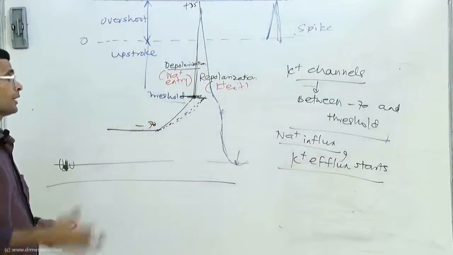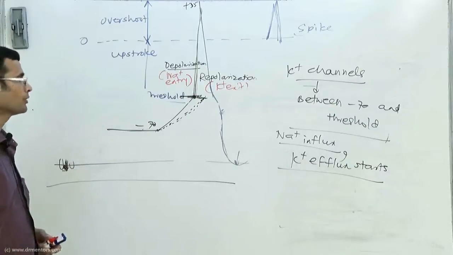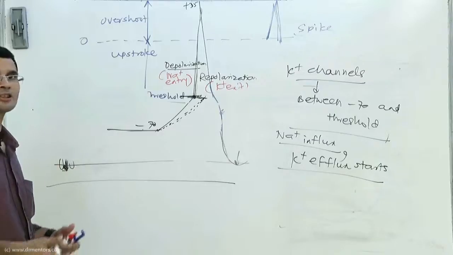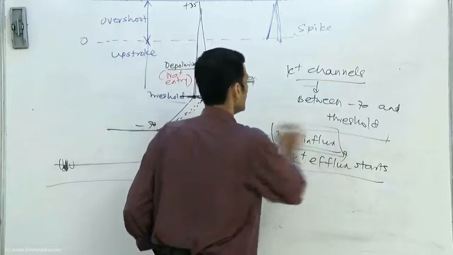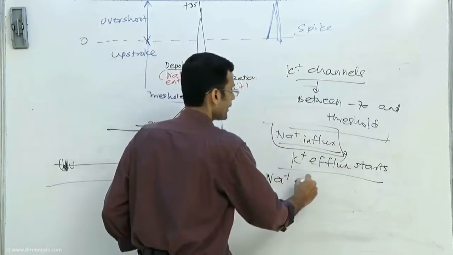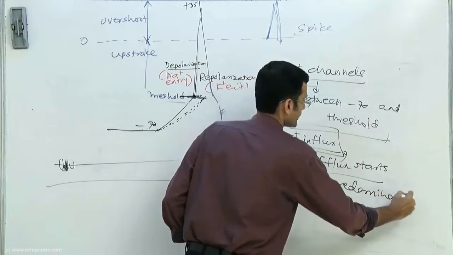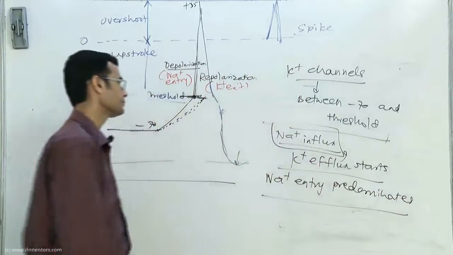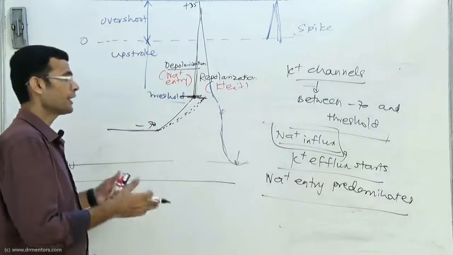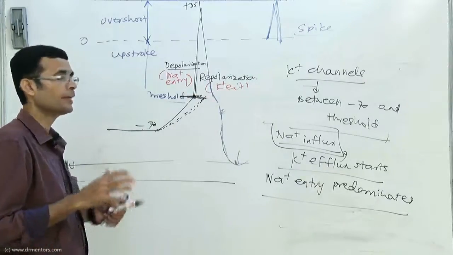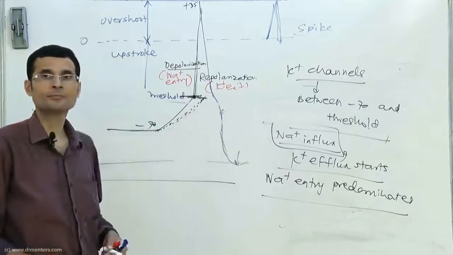Now positive charges are coming in and positive charges are going out. How is it then that depolarization can still occur? The point is, sodium entry predominates. It's much larger as compared to potassium exit. So that's why depolarization can happen.